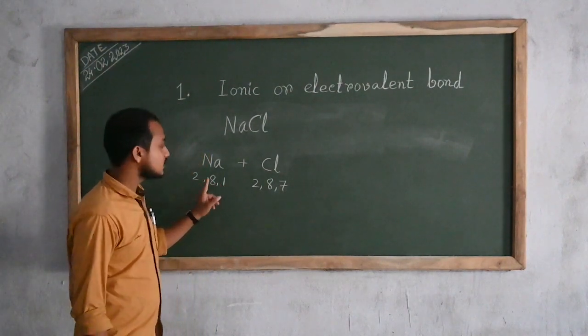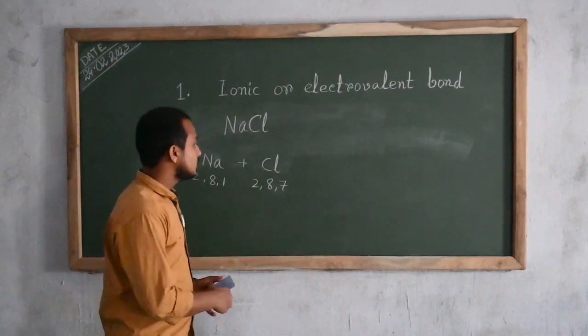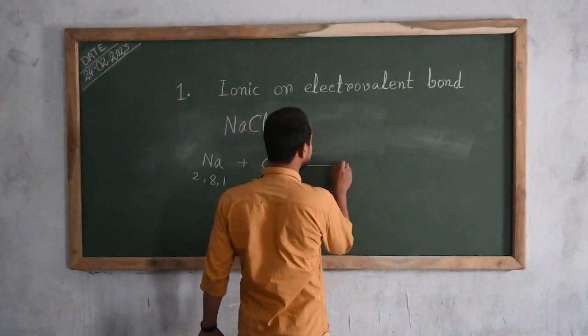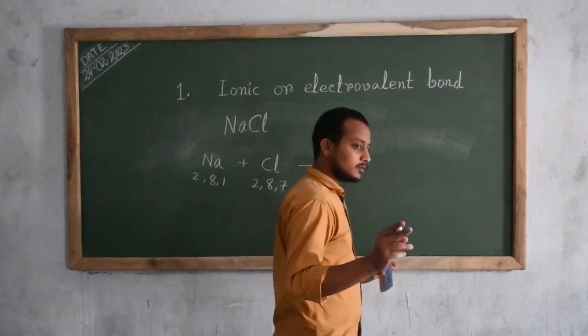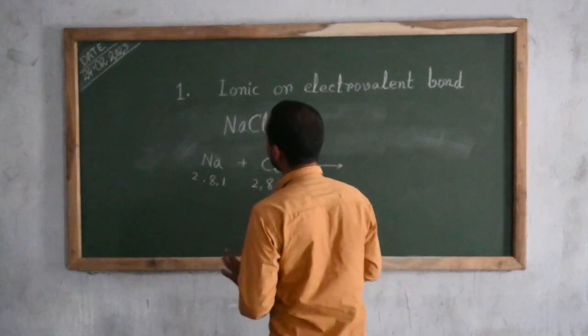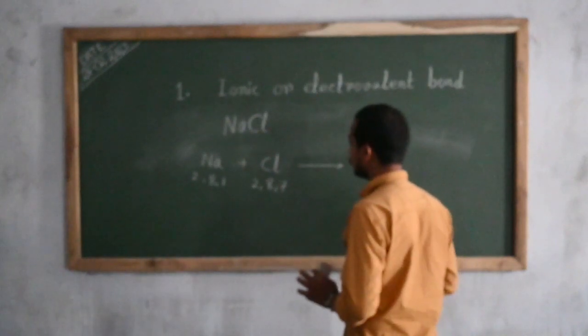And this one electron is extra for sodium. Then these two elements combine with each other by forming an ionic or electrovalent bond.